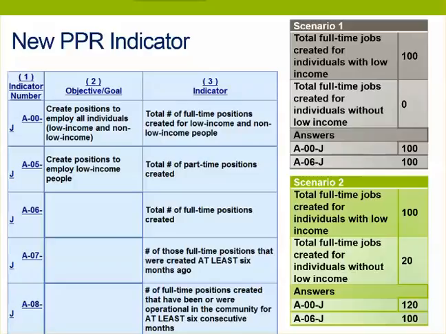If this is the case, in the actual to date column, you would enter 120 positions for A00J and 100 for A06J. This really depends on your project and the positions that you created, but in all cases, keep in mind that indicator A00J will be equal to or greater than indicator A06J.